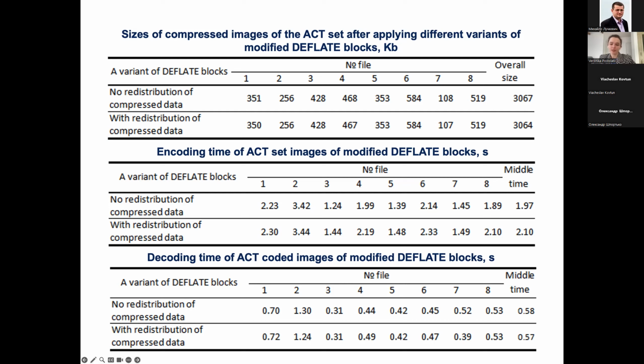And thirdly, the data of different layers and passes of progressive hierarchical compression are stored in different compressed blocks by default. On the other hand, the redistribution of compressed data between deflate blocks made it possible to speed up decoding by an average of more than 2% due to discrete tone images, which indicates the feasibility of its use.